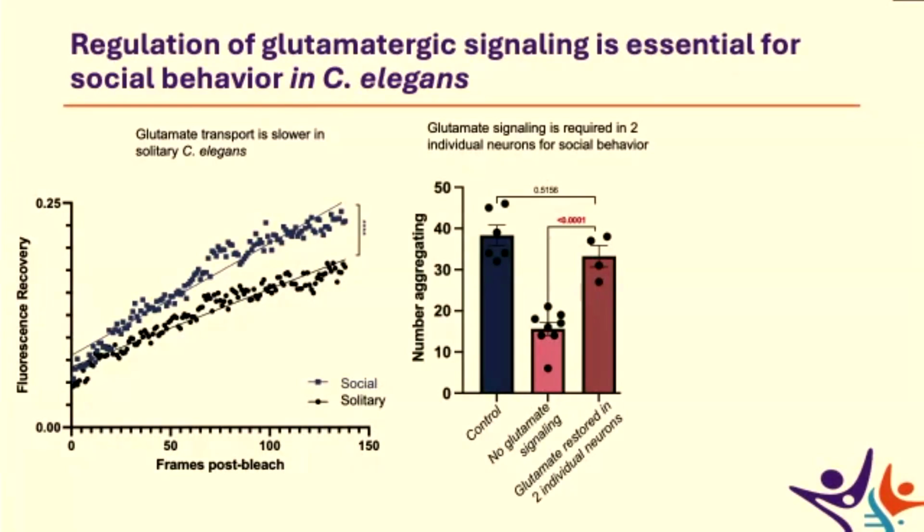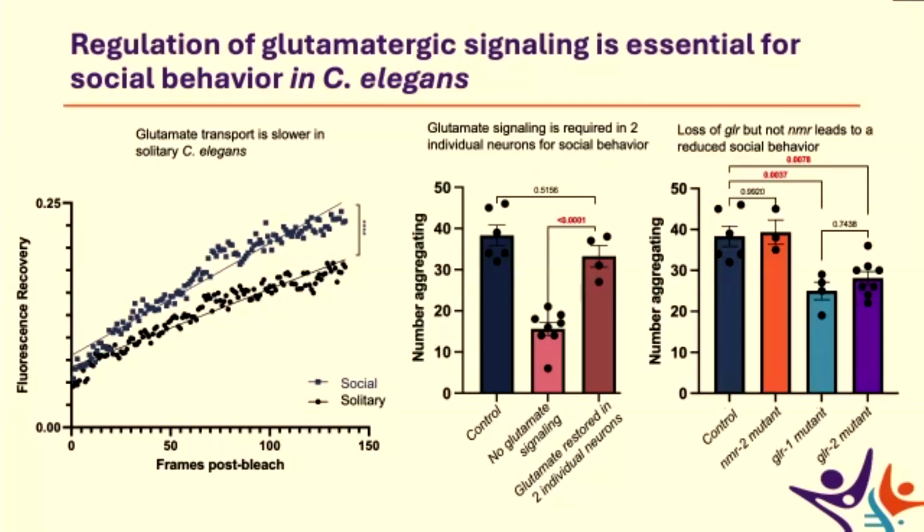But we also saw that if we bring back this glutamate signaling in just two neurons of those 300, then we're able to rescue or restore that behavior. And then lastly, of interest to this audience, I did look at which receptors were involved. Here we have what are called homologs or orthologs of the human genes.